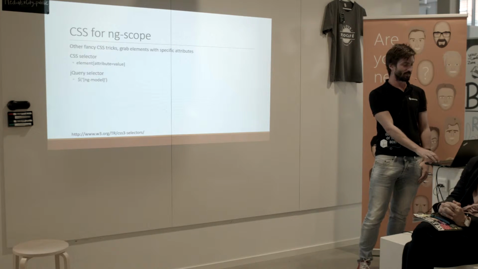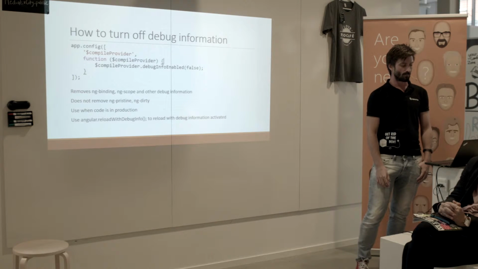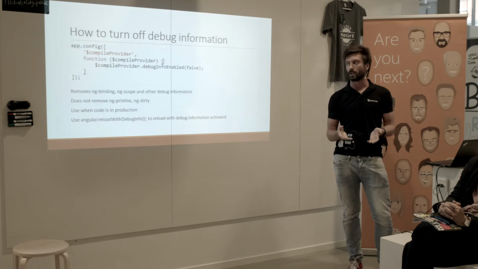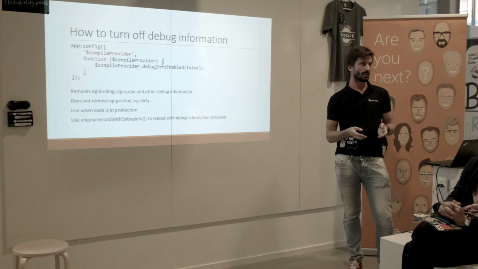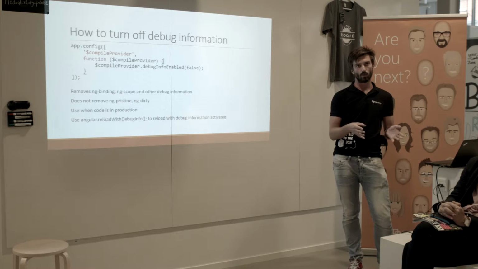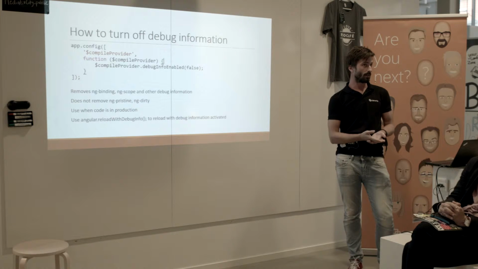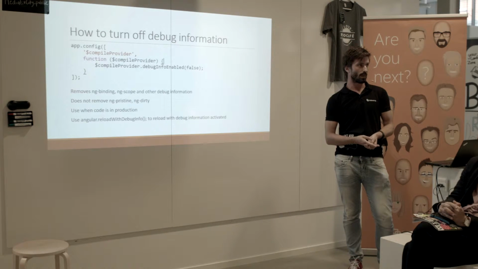No? All right, so getting to another topic. This is how to turn off the debug information. So Angular applies all these CSS attributes or classes to basically allow tools to get into the debug information. So Batarang, for instance, it's a Google Chrome plugin.